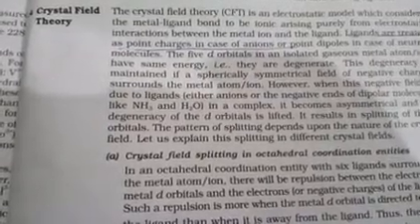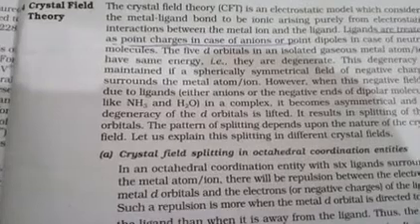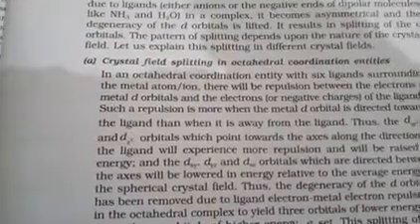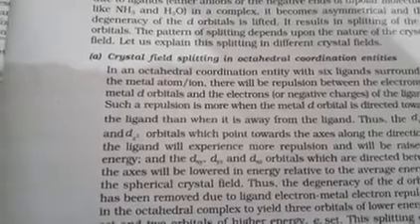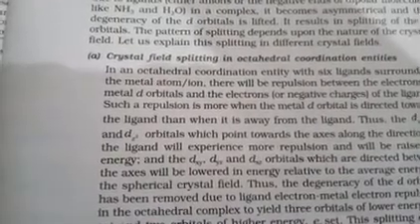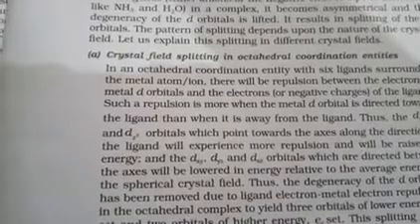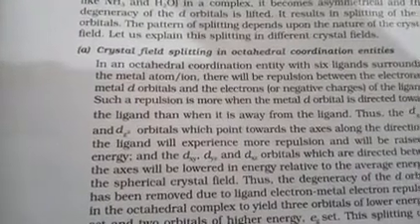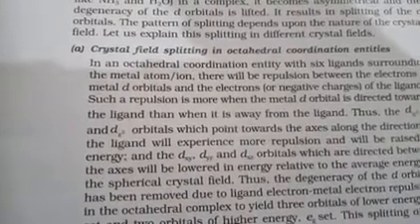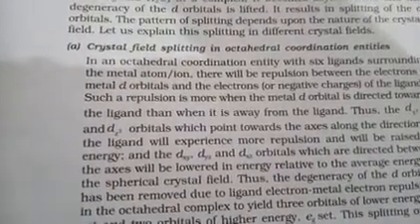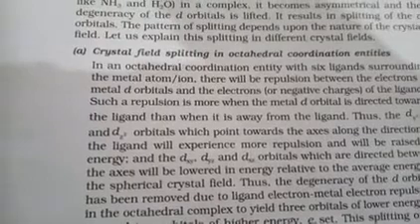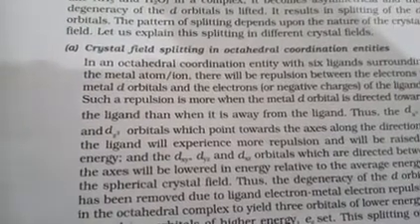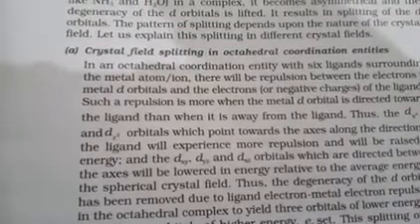Now we'll see the crystal field splitting in octahedral coordination entities. In an octahedral coordination entity, 6 ligands surround the metal atom or ion, and there is a repulsion between the electrons in the metal d orbitals and the negative charge of the ligands.